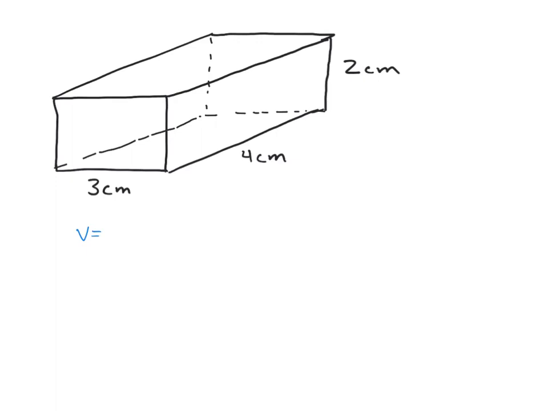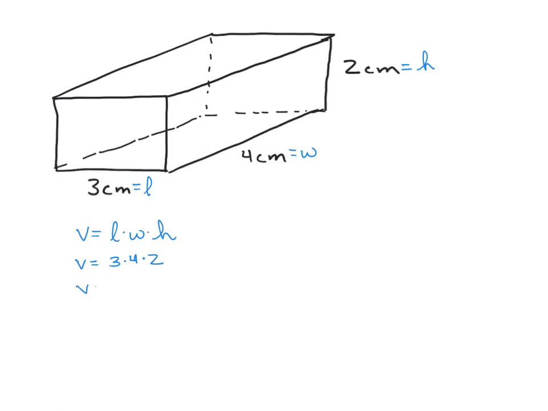To calculate our volume, we're going to use L times W times H. I'm going to let 3 be L. I'm going to let 4 be W. And I'm going to let 2 be my H. Now, one thing to note is it does not matter where you plug these numbers in as long as you are consistent. So if we plug into our formula, we get 3 times 4 times 2.